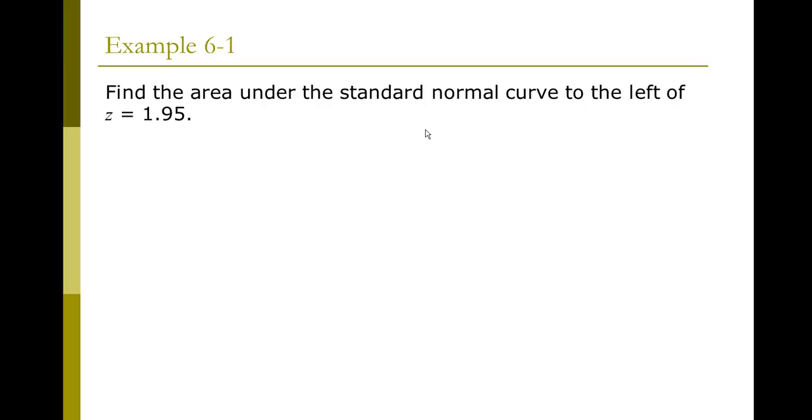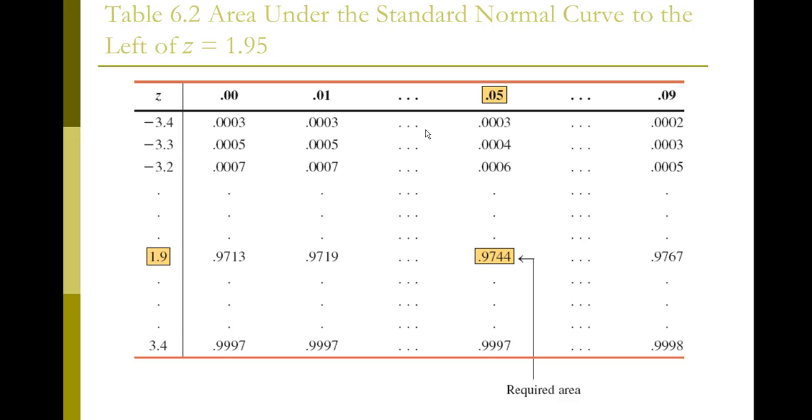Okay, so find the area under the standard normal curve to the left of 1.95. And we said this is how you do it. You go to 1.95, and this number tells you the area. The stuff inside the table tells you the area. This tells me the z value.